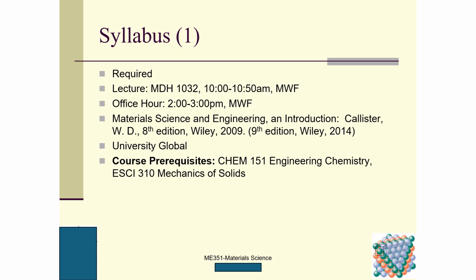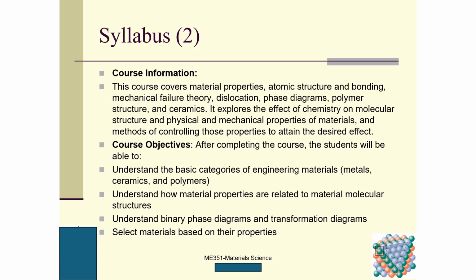The course prerequisites include Chemistry 151 Engineering Chemistry and ESCI AC 310 Mechanics of Solids. Regarding the course information, this course covers material properties, atomic structure and bonding, mechanical failure theory, dislocation, phase diagrams, polymer structure, and ceramics.